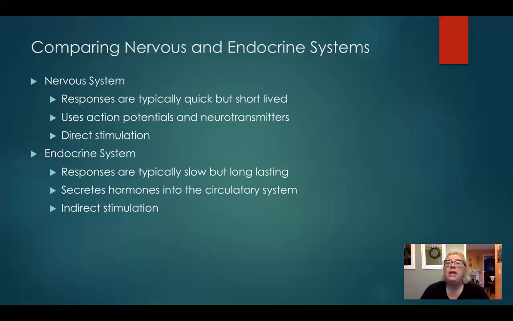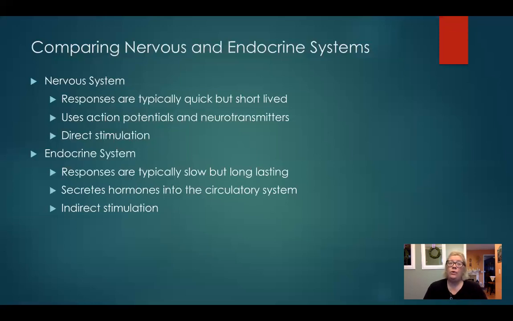However, it is not going to be able to sustain that response for a very long time. So we say that the nervous system response to any kind of homeostatic imbalance is going to be very quick, but very short. And it is going to bring about change through nerve impulses or action potentials and neurotransmitters.